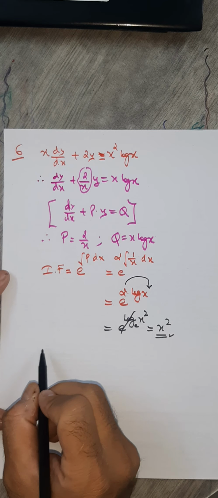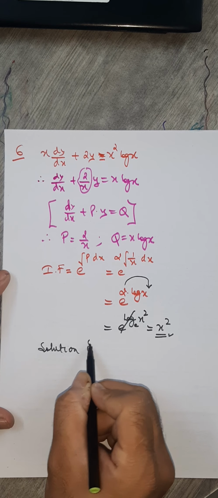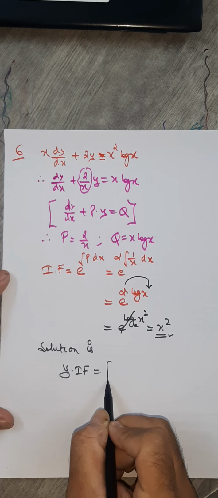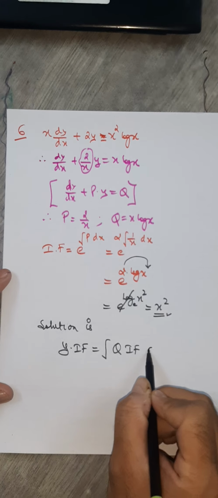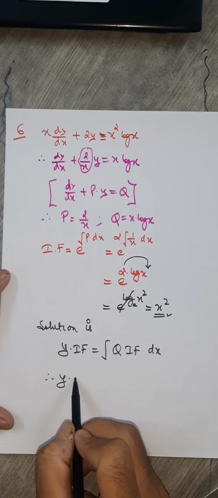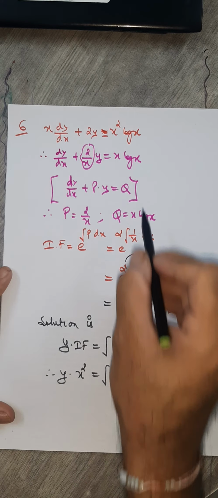Fine. And now the solution is given here. What is the formula? y into the integrating factor equals the integral of q into the integrating factor, the whole dx. y into, what is the integrating factor? x squared. Q, what is q?